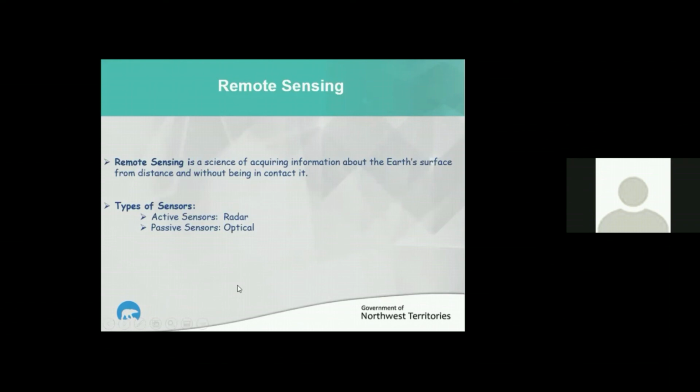So the remote sensing is a science of acquiring information about Earth's surface from distance without being in contact with her. And so there are two types of remote sensors. Mainly it's active sensors, which are considered radars, and passive sensors that are optical. We'll talk about only radars in my work.